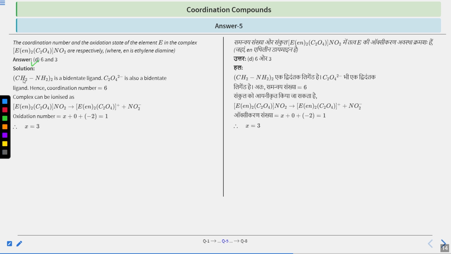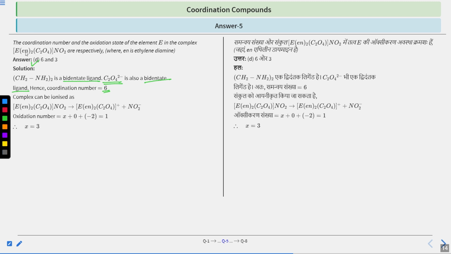So this is ethylene diamine, CH2NH2 whole twice, which is a bidentate ligand. And the oxalate, that is C2O4 2 negative, is also a bidentate ligand. Hence, you can say that the coordination number of E will be 6. How? The C2O4 oxalate is a bidentate, so it is directly attaching with 2 bonds.